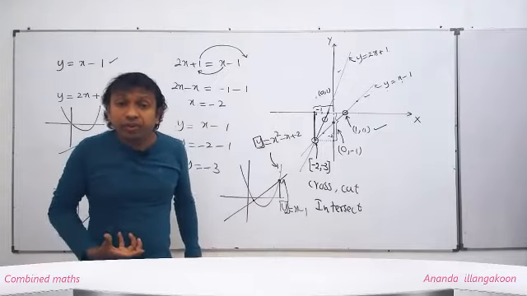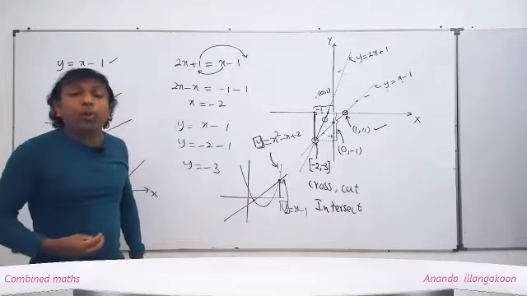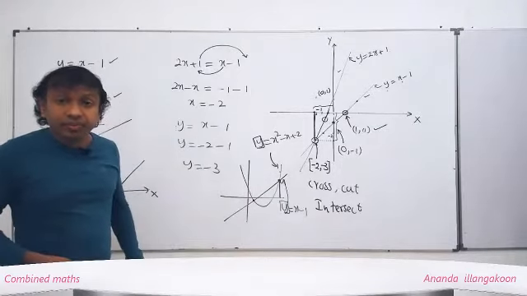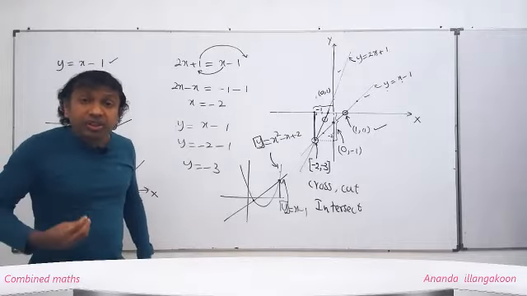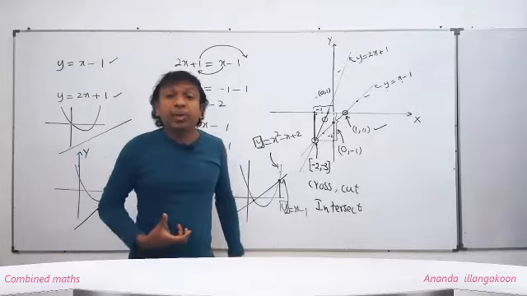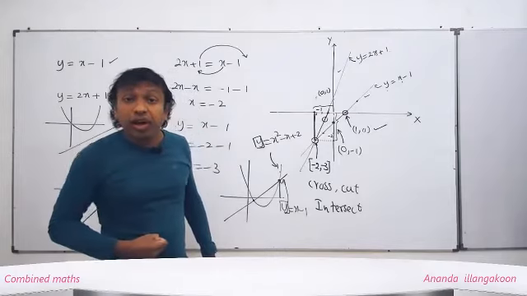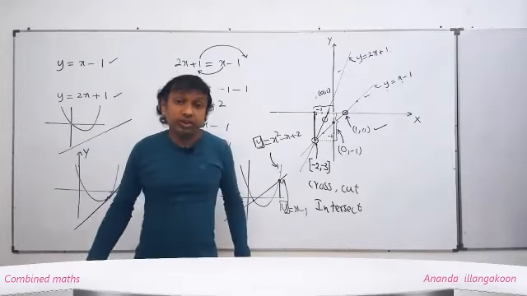Nature means whether they intersect each other, or touch each other, or lie separately. Out of those three, which nature becomes true for the given quadratic graph and the straight line? That is what we are supposed to discuss in today's lesson.